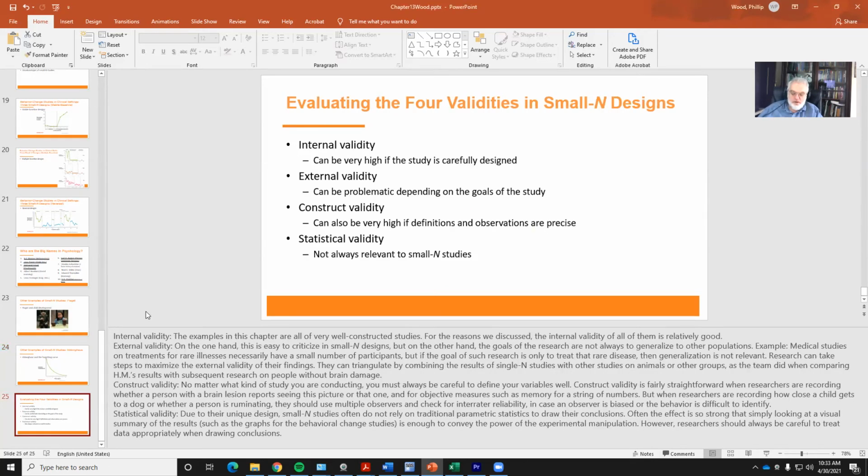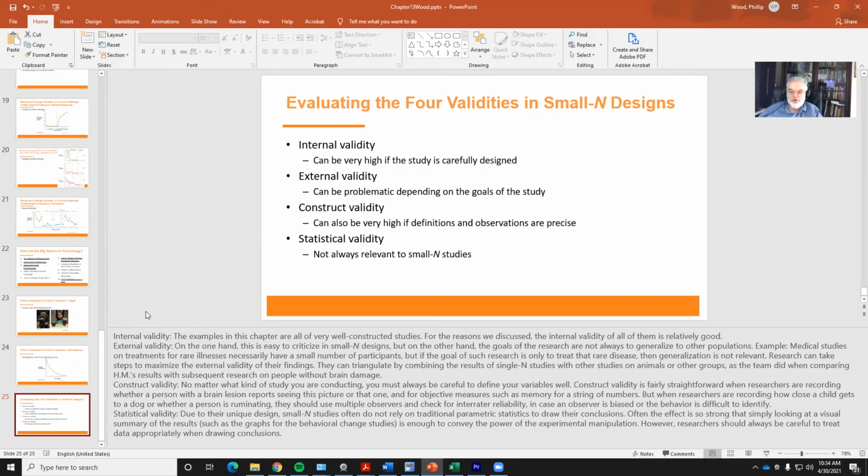Just because it's a small n design, we can walk through this small n design and think about the 4 validities. If you're thinking about internal validity, it would seem that a small n design can have very high internal validity, because you have really precise measurement, and you can operationalize what you have and talk pretty plainly about the phenomenon under investigation.